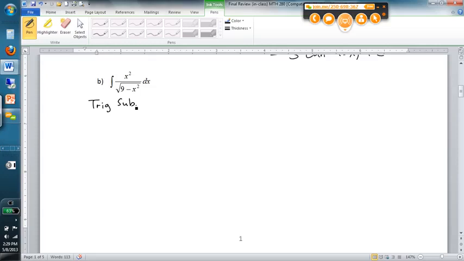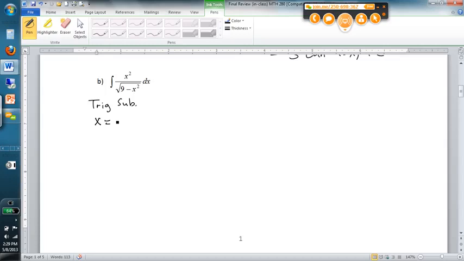Okay. Well, remember on the trig substitution, depending upon what we have on the bottom, which in this case is under a square root, it's 9 minus x squared. And that kind of ties into what we were just talking about there, but what do I want to substitute here? Well, what I'm going to substitute is for x. It's kind of a different way. This is not u substitution.